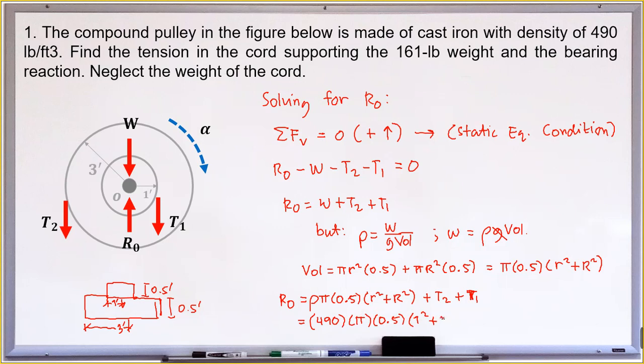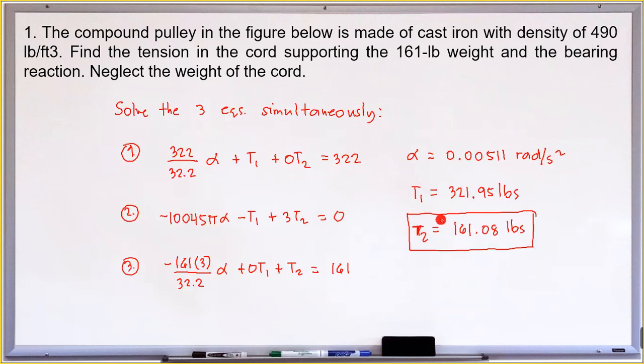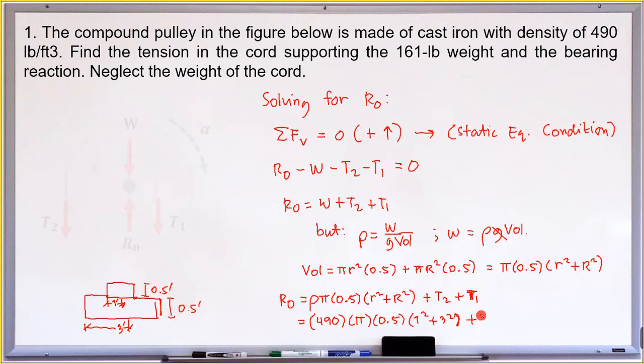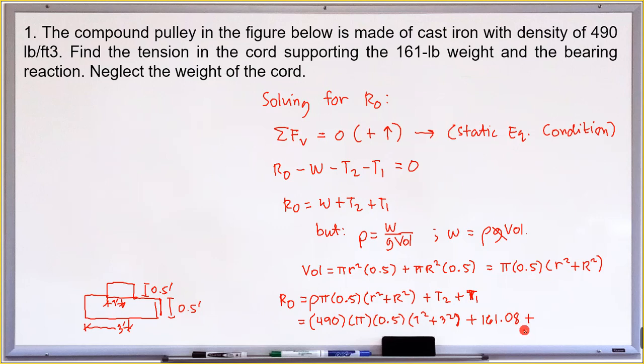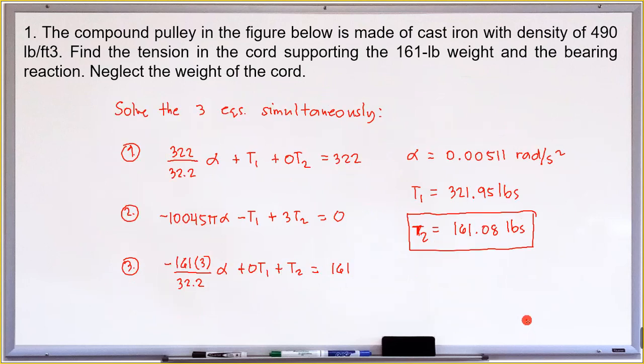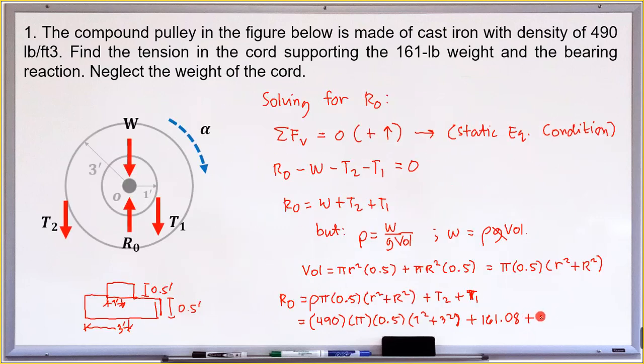The outer radius is 3 feet. Then tension 2, which we got earlier, is 161.08, plus tension 1 is 321.95 pounds.